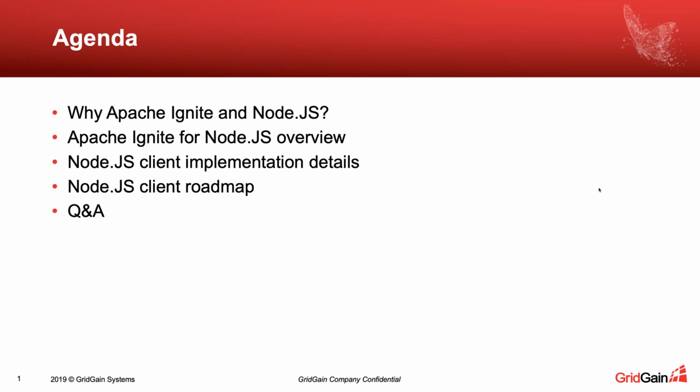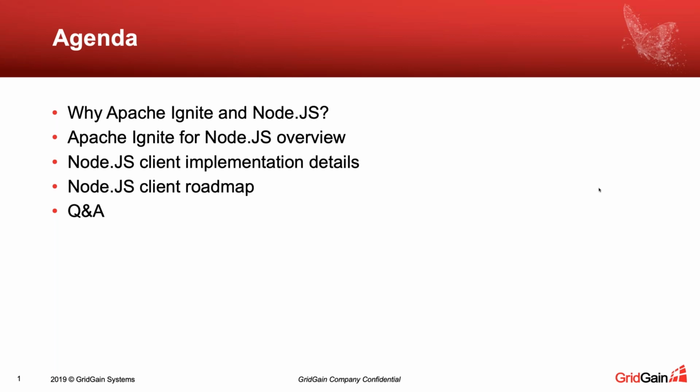After that, after we discover the high-level capabilities of Node.js support for Apache Ignite, we'll get down to the implementation details. Because, as far as I know, usually we deal with two kinds of audiences in Apache Ignite. The guys who just want to get started with the technology as fast as possible, but also there are those who want to know the details. They want to know the insights.